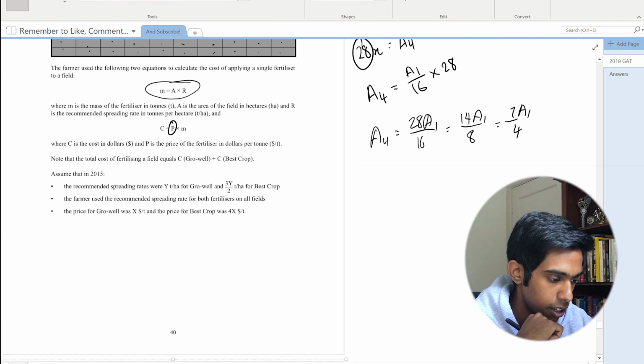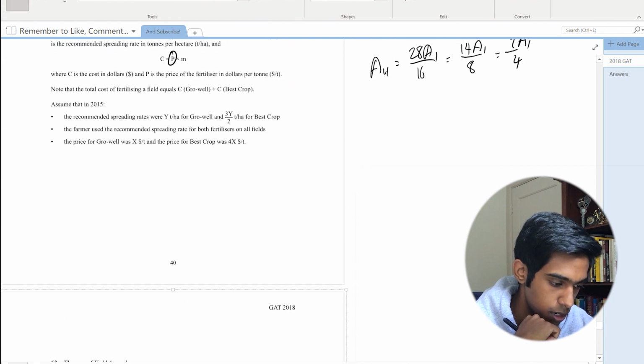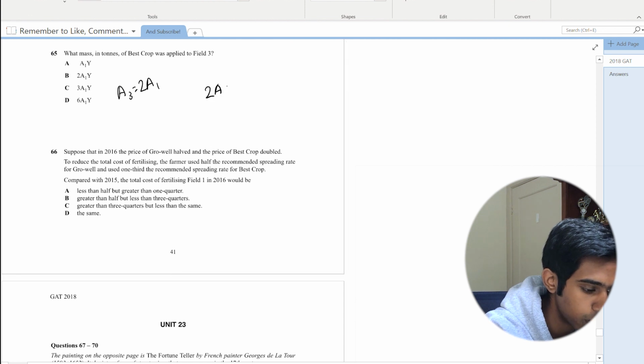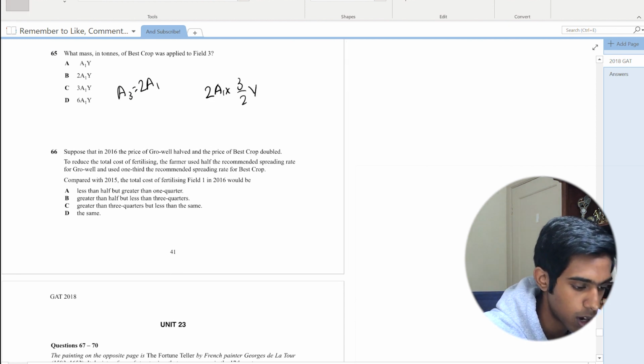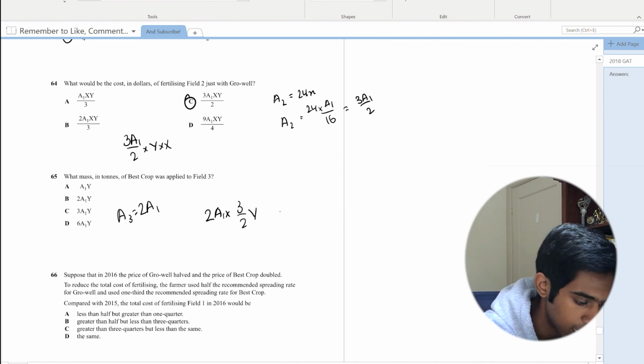Now we just got to figure out the growing rate, and that is Best Crop. So we multiply that by 3 on 2. So we've got 2A1 times 3 on 2y. I believe that's right. Yeah, 3 on 2y. And then that gives us 3A1y.